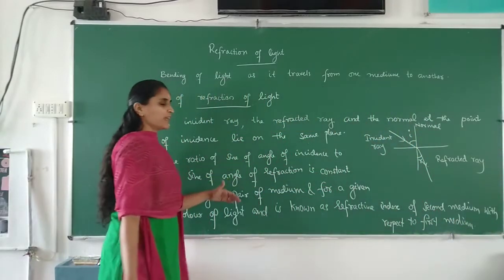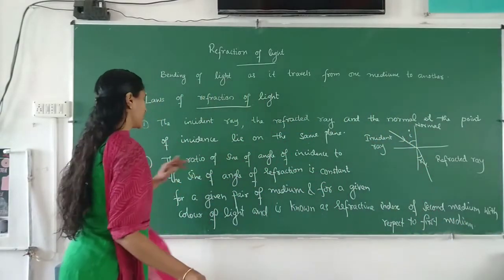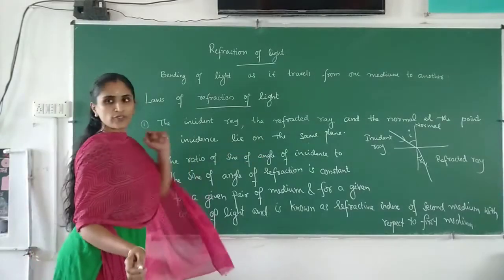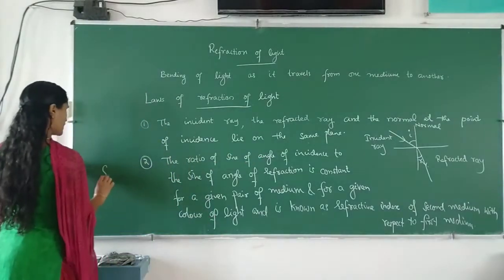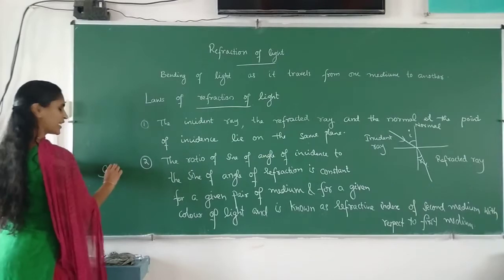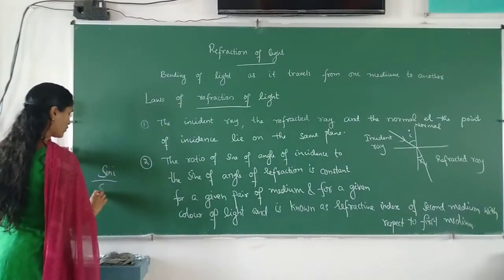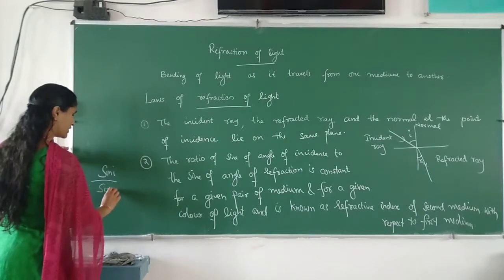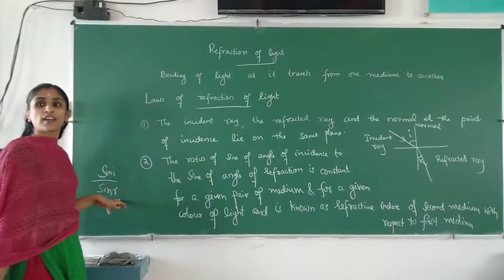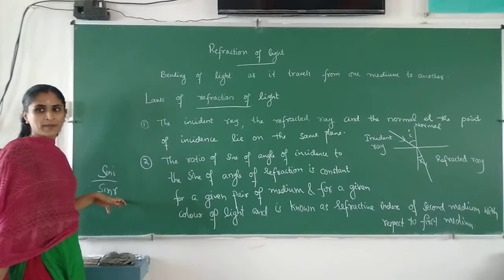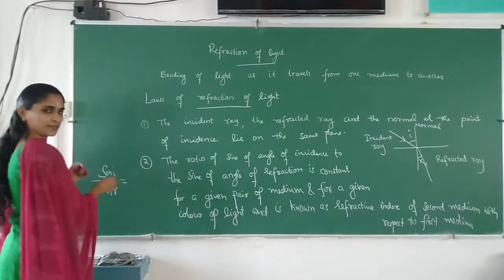Even though it seems lengthy, it is very simple. We can write the ratio of sine of angle of incidence to sine of angle of refraction, and that is constant.